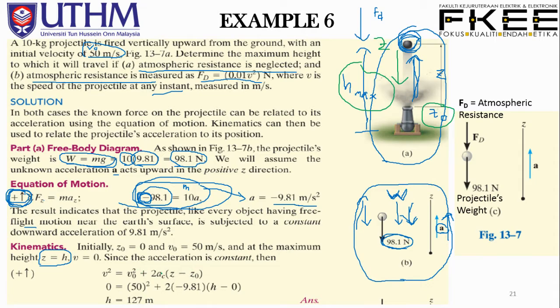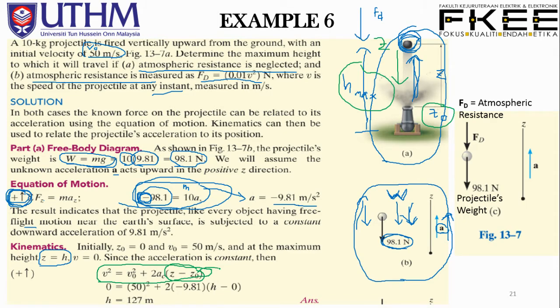Since the acceleration is constant, we again use this equation, which you may find at the beginning of this topic: v squared equals v naught squared plus 2a times the displacement, between the maximum z and the initial z, which is z naught.